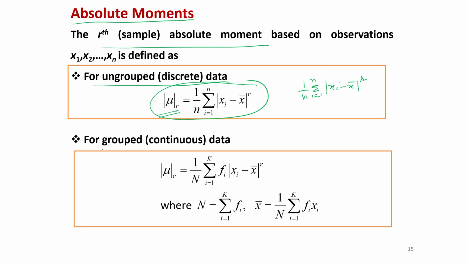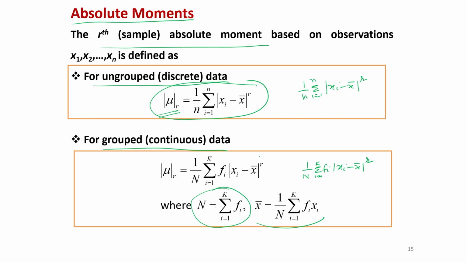And similarly for the grouped data, if you do the same exercise, you consider the deviation xi minus x bar and consider its absolute value, take its rth power and find out its arithmetic mean, 1 upon capital N summation i goes from 1 to k fi into absolute value of xi minus x bar raised to the power of r. So here capital N is equal to the sum of all the frequencies, and x bar is computed as in the case of grouped data.